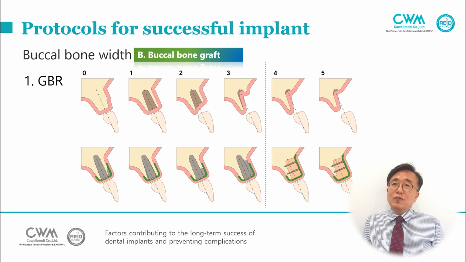And for bone graft, if there is no buccal bone, we do the GBR technique. So the GBR technique is mainly composed of bone graft and barrier membrane, finally the primary closure, and then the second surgery for the healing abutment or emergence profile restoration. But I want you to understand this GBR technique.